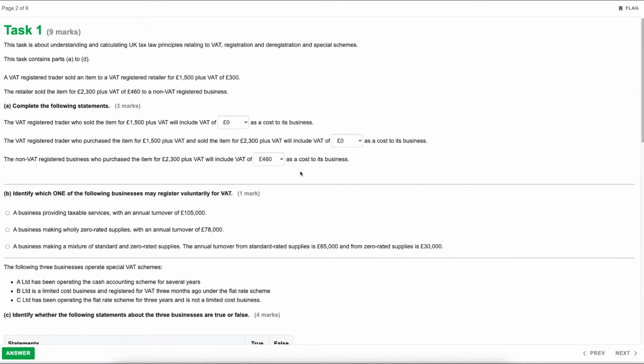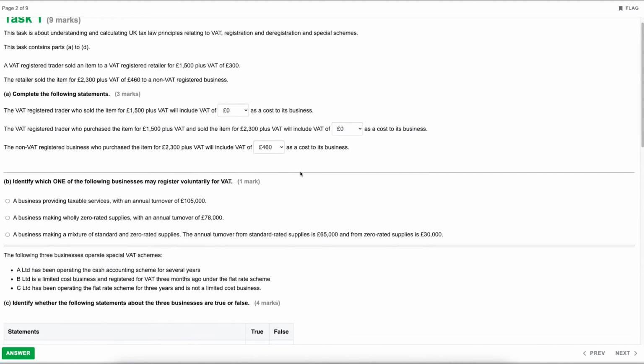So the cost to this non-VAT registered business would be £460. Okay, remember, if they were VAT registered and they could claim that 460 back, then it would not be a cost to the business. But as they're not VAT registered, they are unable to claim that VAT back, and that would be the case for all purchasers if they are non-VAT registered.